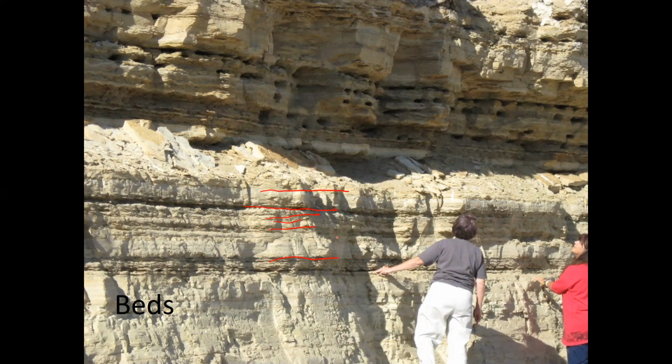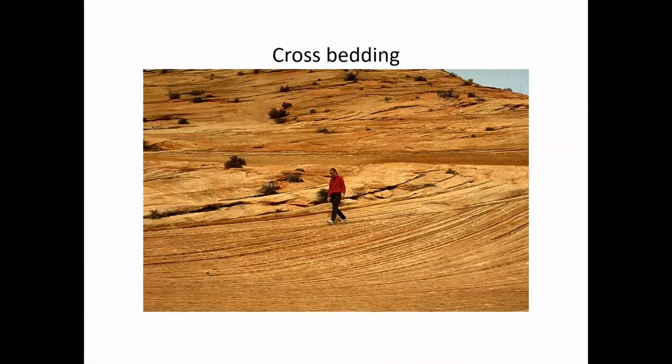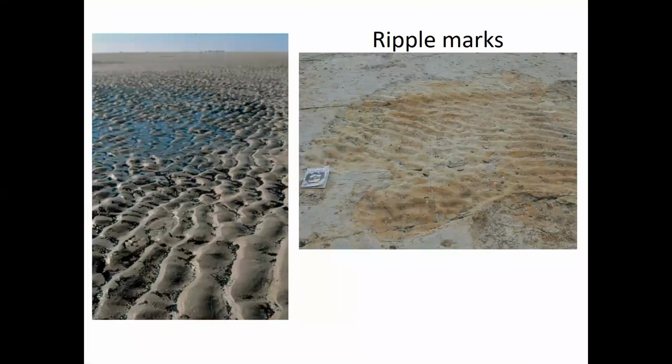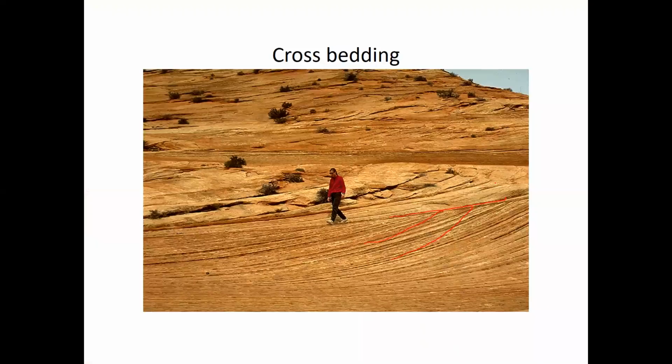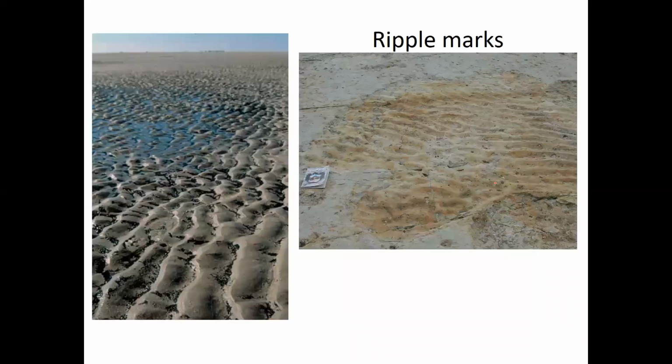So this was some sort of environment with water in which sediment was settling out of the water into these horizontal layers. However, if these beds are not horizontal, if there are beds that cross each other, so you see these beds come up here, and there's a bed that cuts across it there, that cross bedding indicates that it might be a desert, from the formation of dunes.